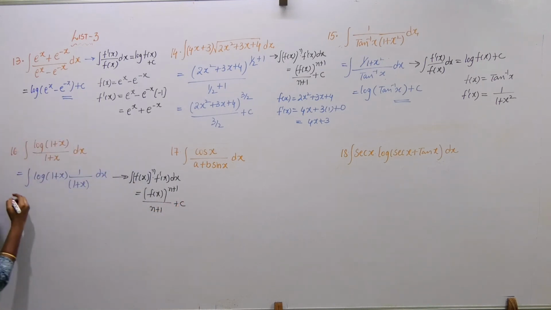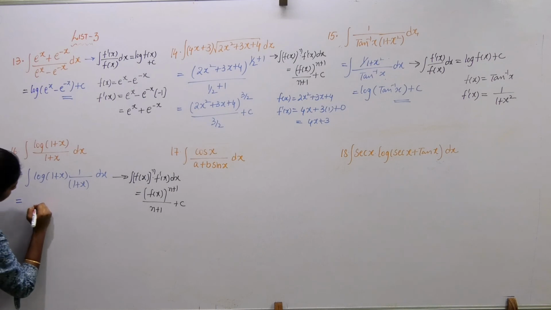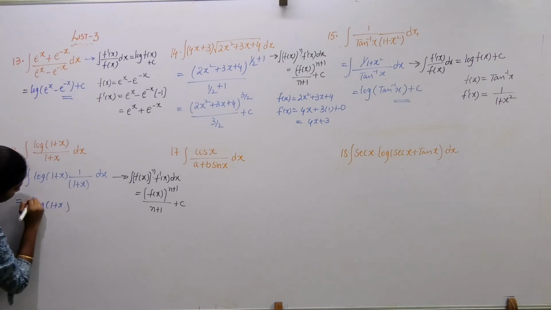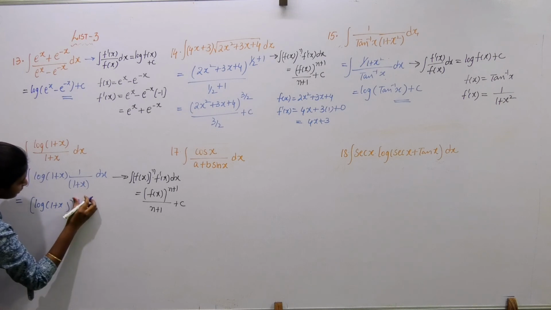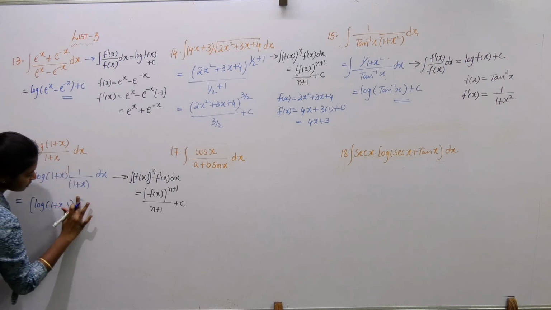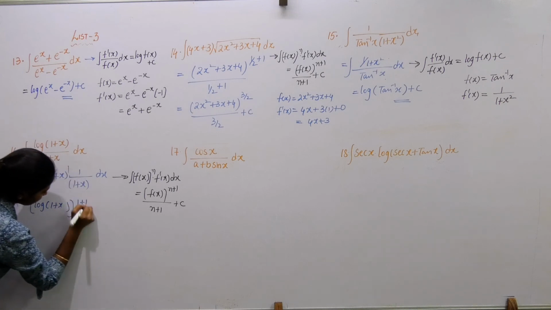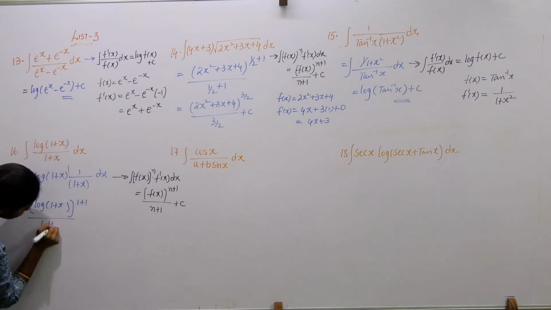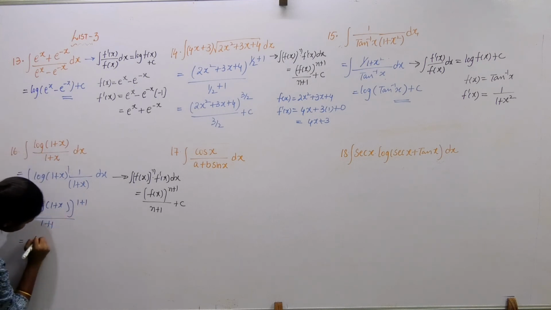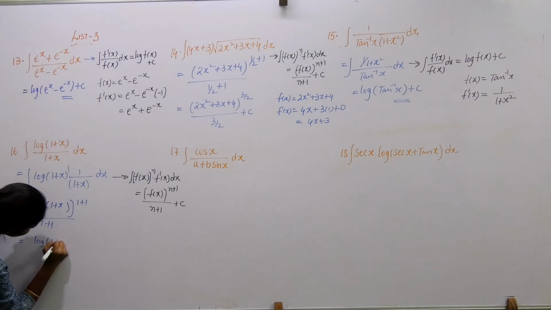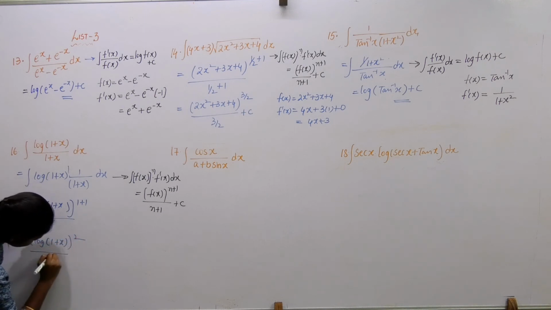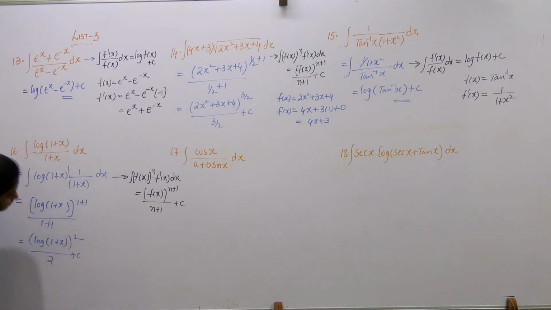And we substitute it here, we get log of (1 plus x) whole power. Here the value of n is 1. It becomes 1 plus 1 by 1 plus 1. It is equal to log of (1 plus x) whole square by 2 plus c.